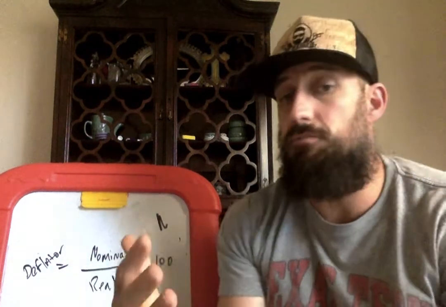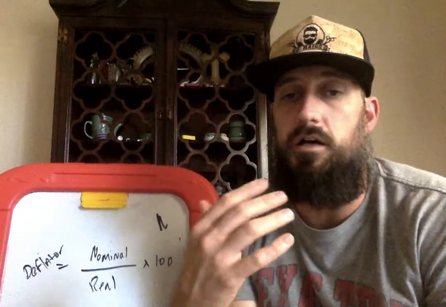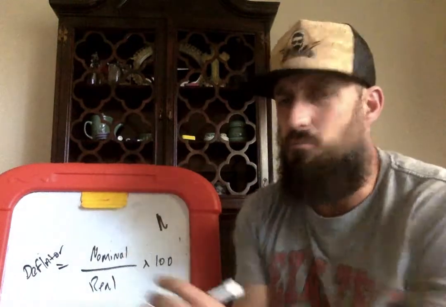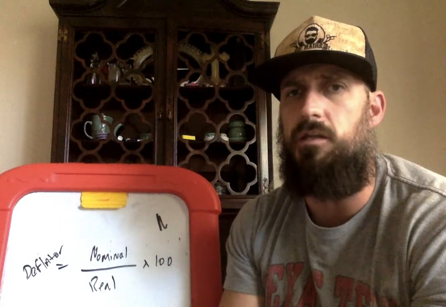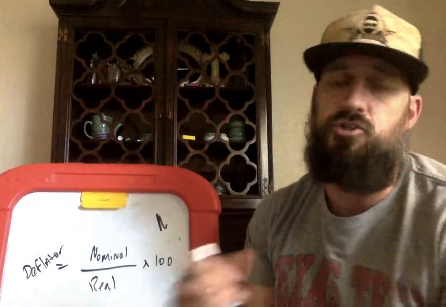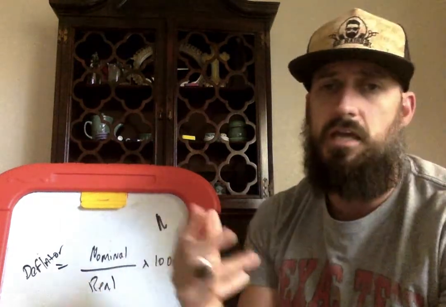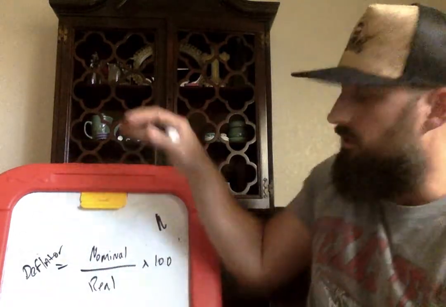Now, you can use algebra to move this equation around. You guys are pretty sharp in being able to do that, but I want to just show you real quick how we can get nominal GDP.